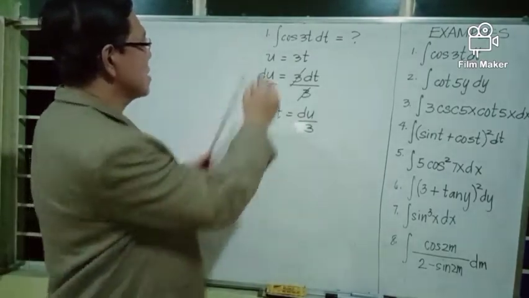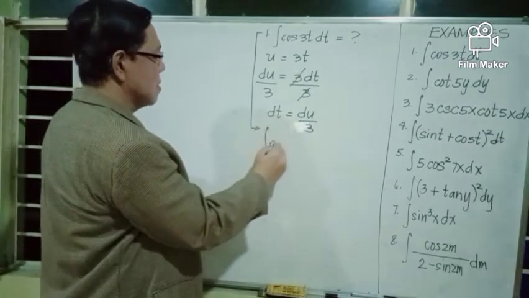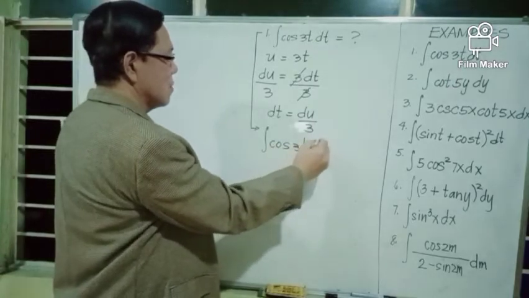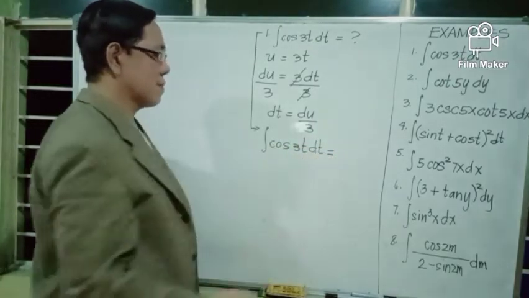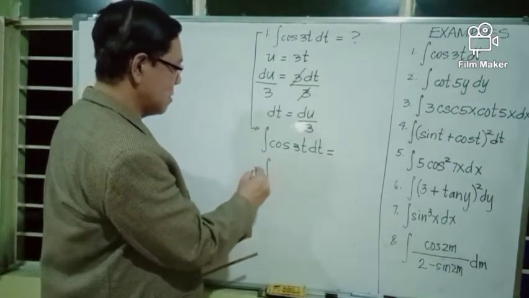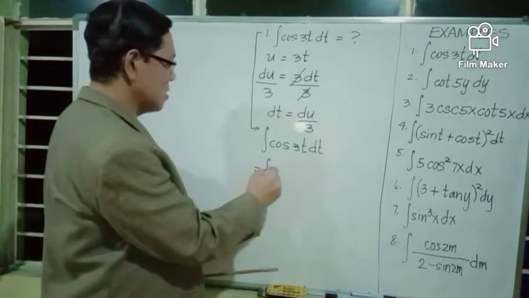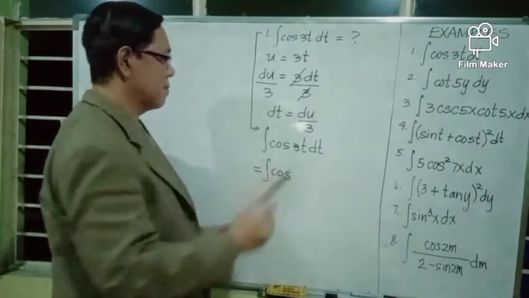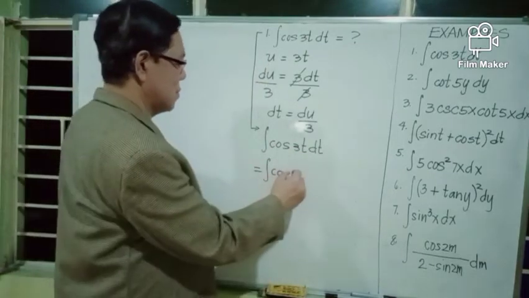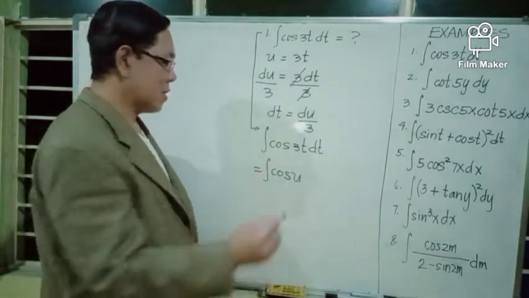Now, the given integral of cosine 3t with respect to t is now equal to the integral of cosine u, where 3t is u and dt is du over 3.